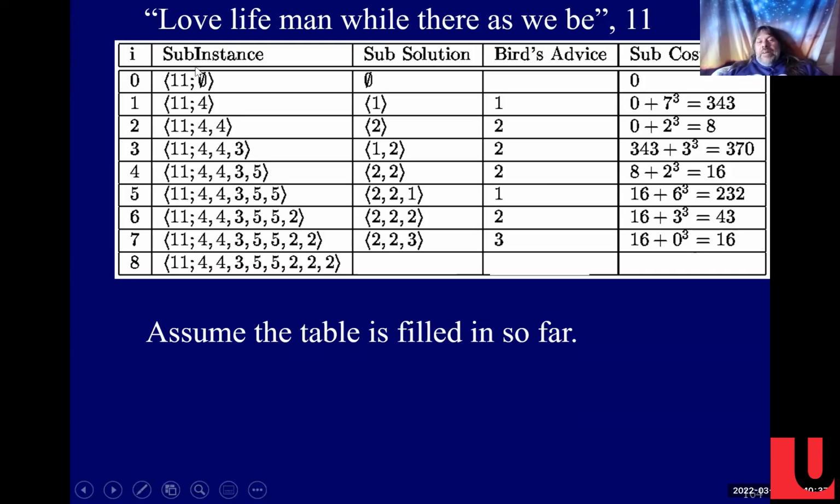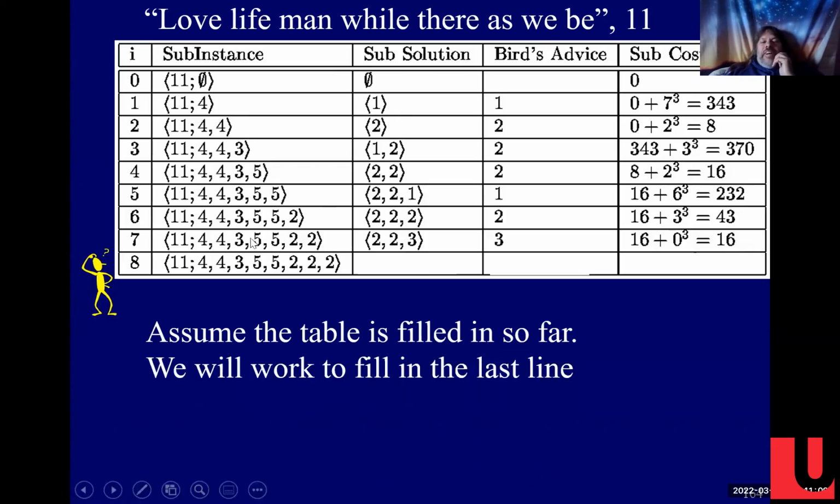This first base case is clearly easy: we have no words, so you don't put any words on any line, and we have no cost. The next case, we only have 1 word, so you put the 1 word on the line. That's straightforward. So let's say we've answered all of these questions, and we're now ready to answer this question right here. Does that make sense?